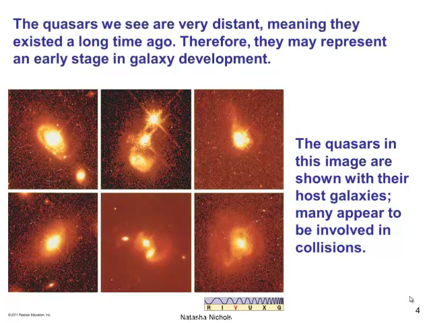The quasar at the top left is the best example, having the catalog name PG0052+251 and residing roughly 700 megaparsecs from the Earth. Note that several of the quasars appear to be associated with interacting galaxies, consistent with current theories of galaxy evolution.